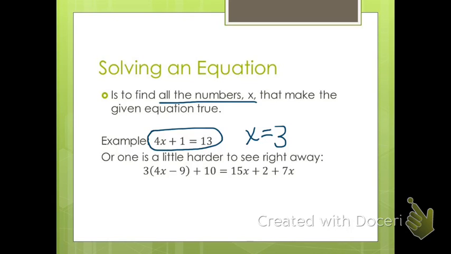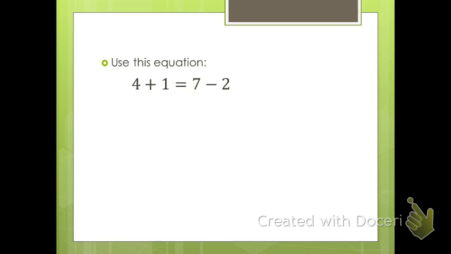This one here, this equation down below, it's pretty hard to look at and figure out what number to put in for x to make the left side of that equation equal to the right side. So what we want to do in this lesson is to look at some properties that will help us do that.